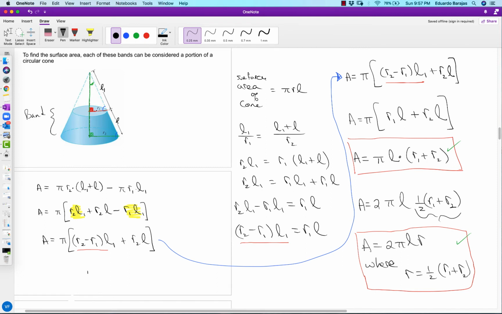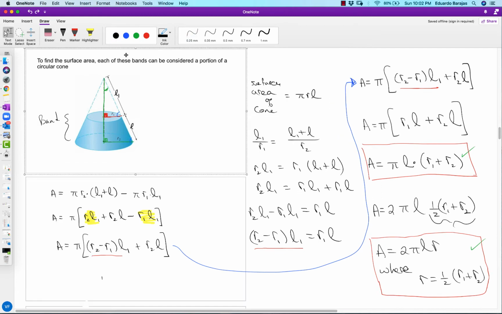The surface area of this blue part, a partial surface area from this right cone, we saw that this was the formula: pi L times R sub 1 plus R sub 2. So we need these two radiuses. Okay, so if we take this exact same image and rotate it, we'll get exactly what we're working with right now.